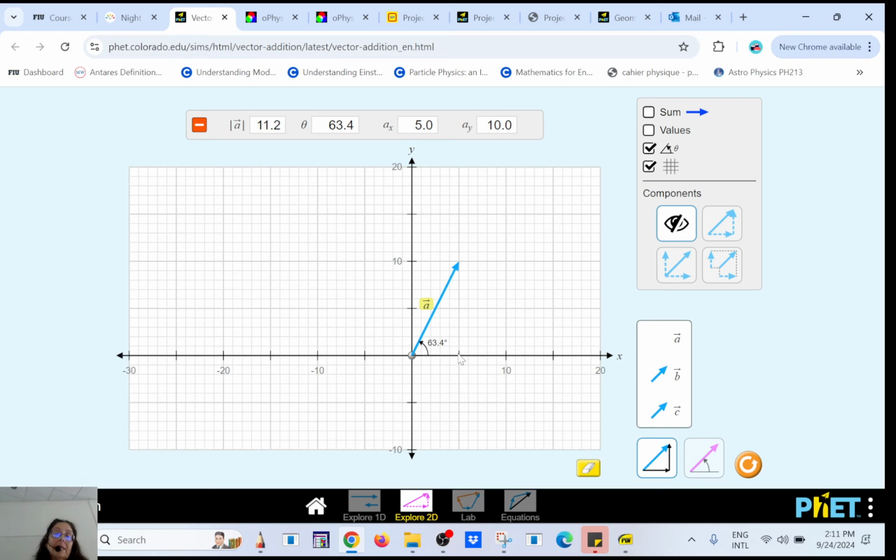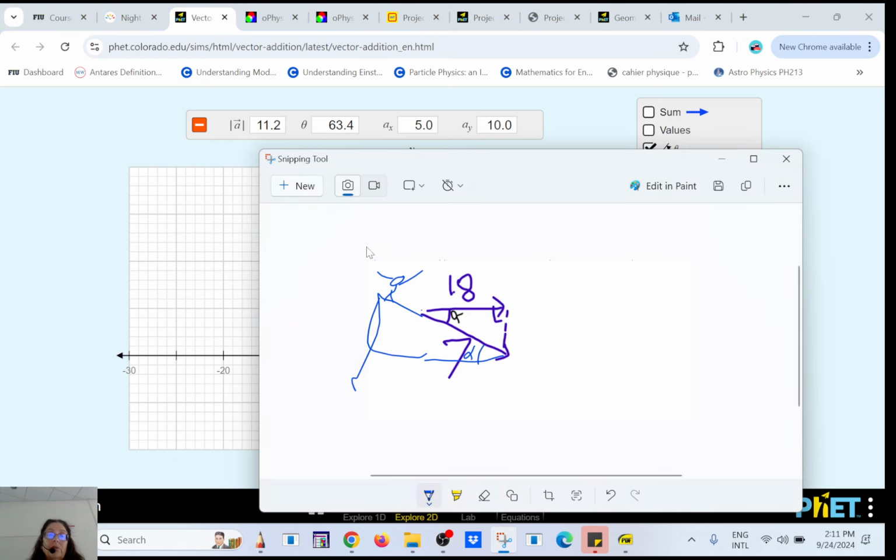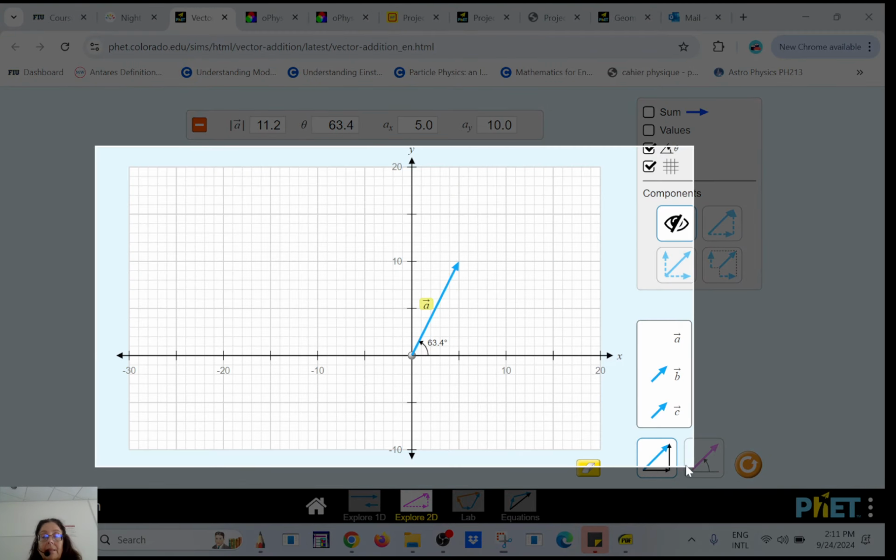The x coordinate is 5, so that will be the x component of the vector, and the y coordinate is 10, that will be the y component of the vector. Is that clear?